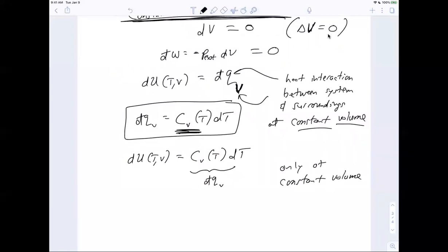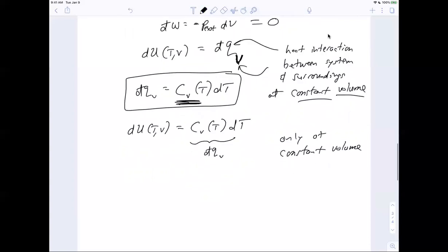This is actually very instructive, because we can use our expression for the general differential of U and see what C_V really is. And this is very simple. It's actually a very fundamental result of thermodynamics.